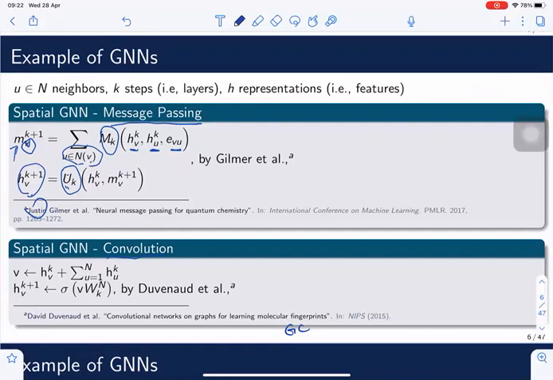In contrast, the GNN convolution here is proposed by David. It's also called the neural fingerprint, because after you use this GNN, you can generate a fingerprint.